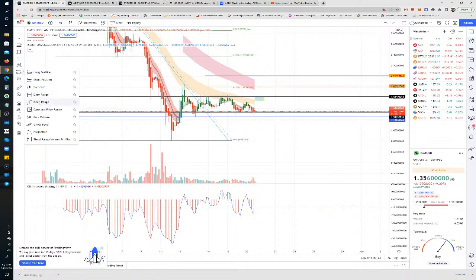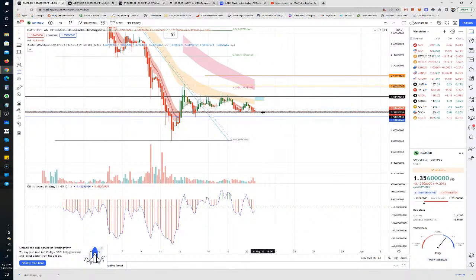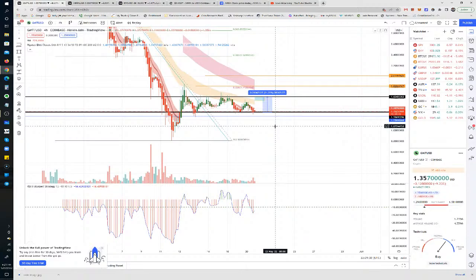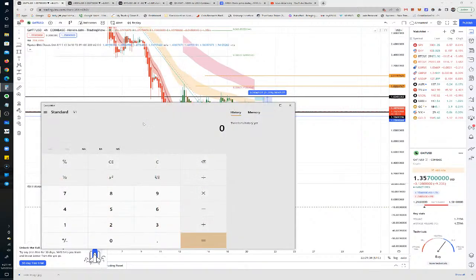Can you make money like this? Of course you can. Look at the price range from here to here. That's a 21.22% gain right there. Now let's say you had $10,000.